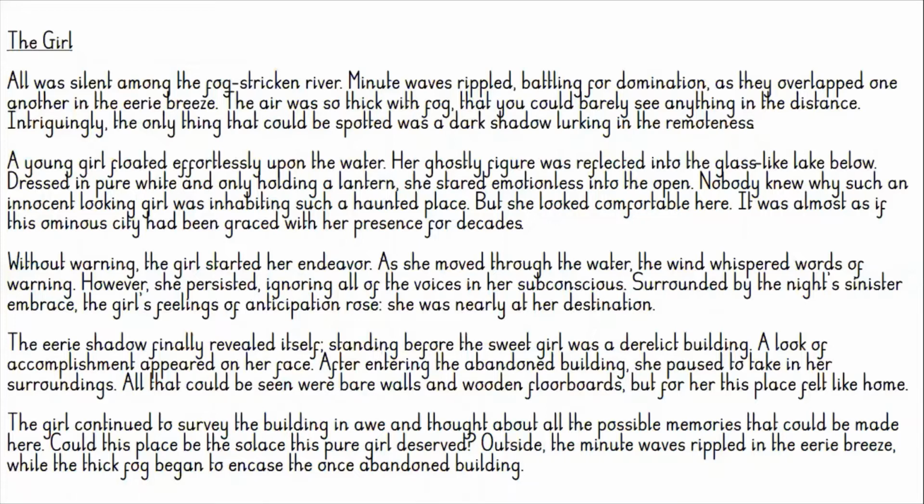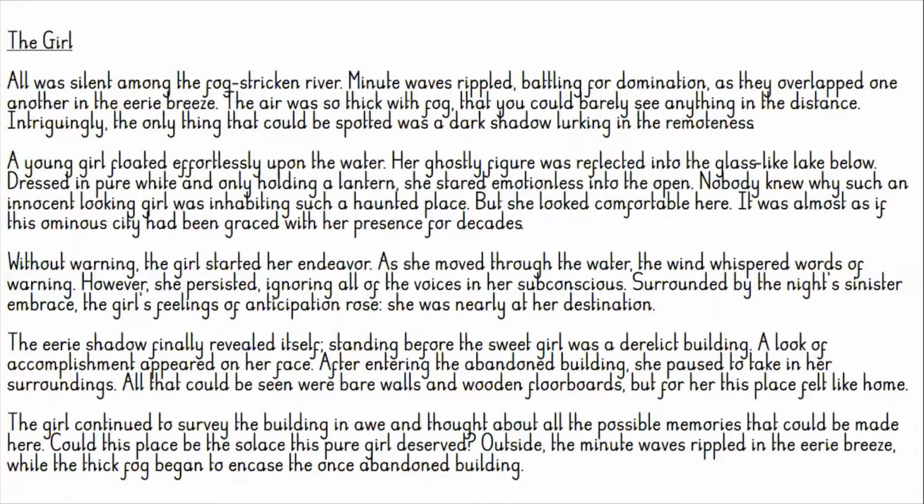All was silent among the fog-stricken river. Minute waves rippled, battling for domination as they overlapped one another in the eerie breeze. The air was so thick with fog that you could barely see anything in the distance. Intriguingly, the only thing that could be spotted was a dark shadow lurking in the remoteness. A young girl floated effortlessly upon the water.